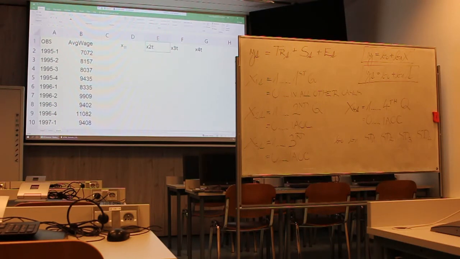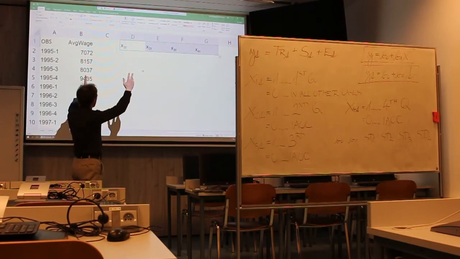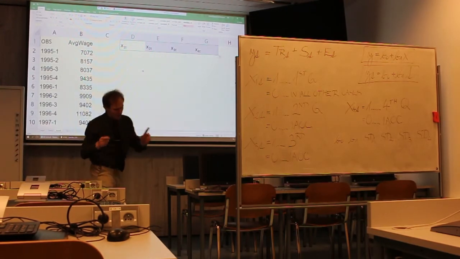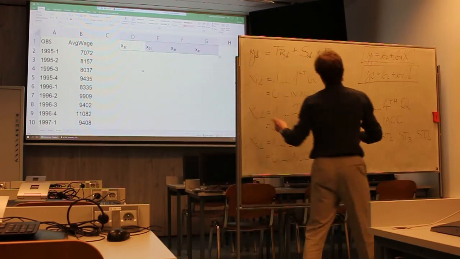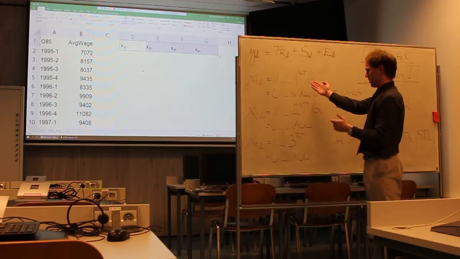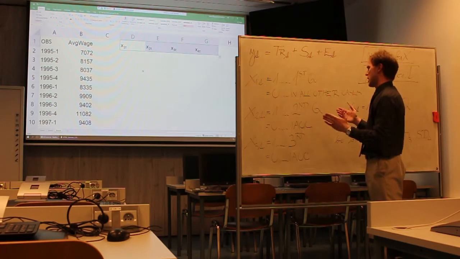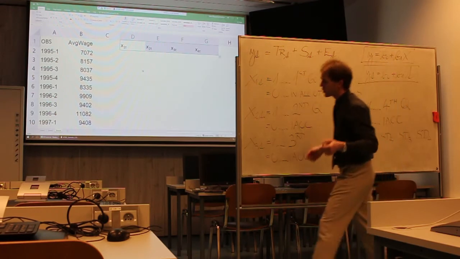So this is the structure of our 4 dummy variables, and according to this system, variable x1 at time t is equal to 1 in the case that we have the first quarter.